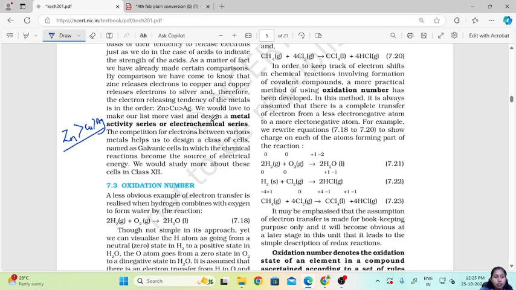The competition for electrons between various metals helps us design a class of cells named galvanic cells. Initially, when I was telling you about the uses of redox reactions, I told you that redox reactions are seen in batteries and cells, right? One of those is the galvanic cell. About this galvanic cell you will be learning in detail in your 12th standard.